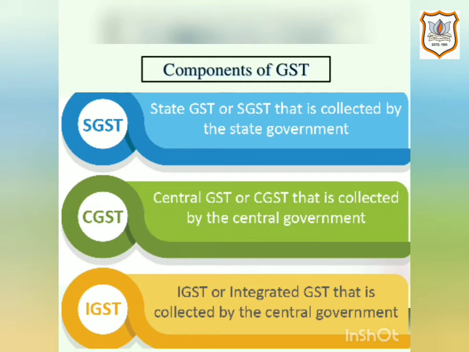Or if GST is levied by Union Territory, then it is termed as UTGST, that is Union Territory Goods and Service Tax. And then the last one is IGST. IGST refers to Integrated Goods and Service Tax, which will be levied by central government on interstate supply of goods and services. So, these are the three components which will come under GST.